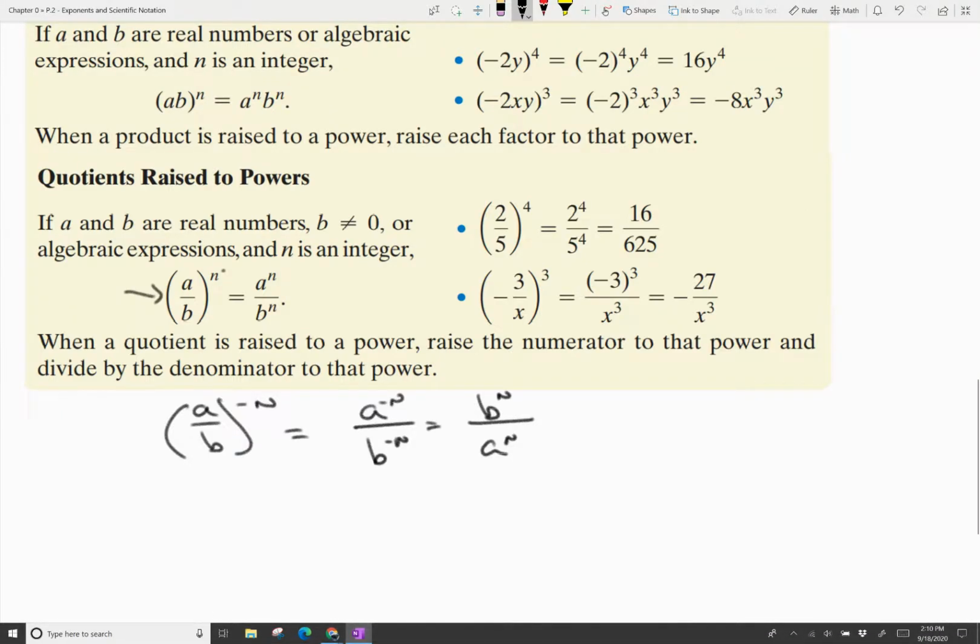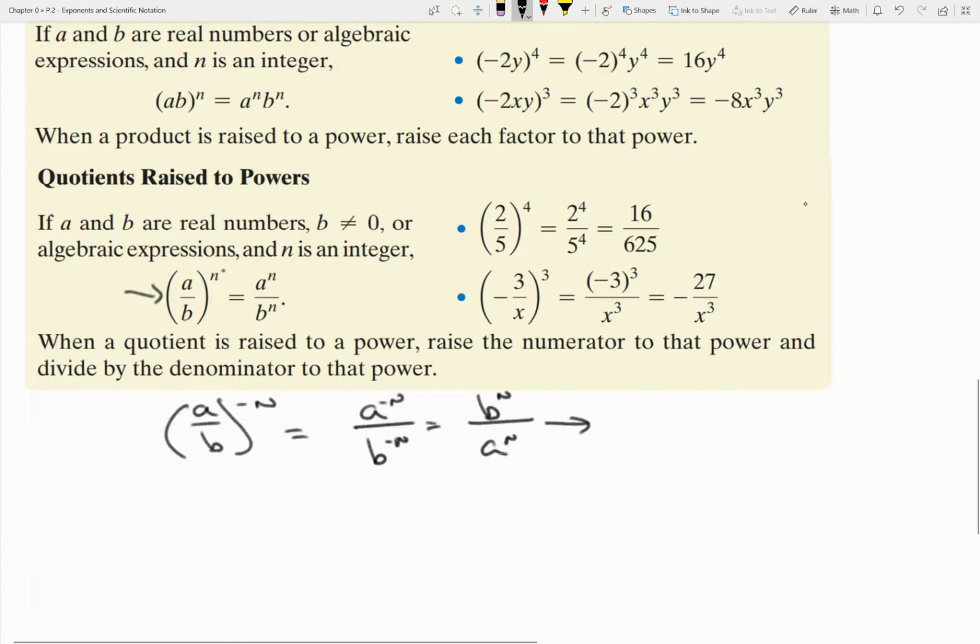And I can recall that if I did the first step, both things inside the parentheses got raised to the -n, I can factor out that exponent, and I can say that b over a would be to the positive n power. So this is my new trick: if I have a fraction raised to a negative exponent, I can flip that fraction and make that exponent positive.